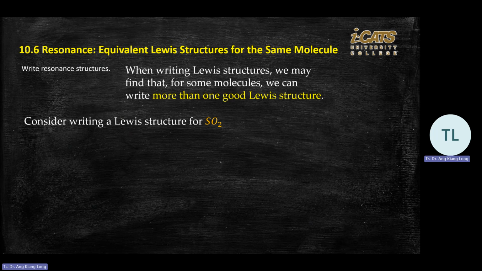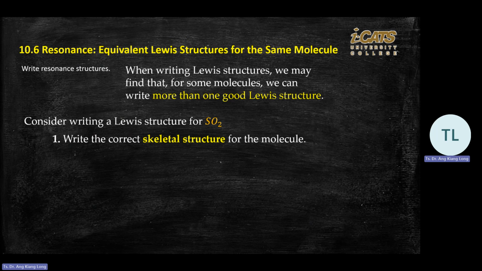Sulfur oxide. SO2. Okay. So sometimes I'll ask you to give definition of resonance structure. So you need to write this one. Resonance structures are structures that have more than one good Lewis structures.